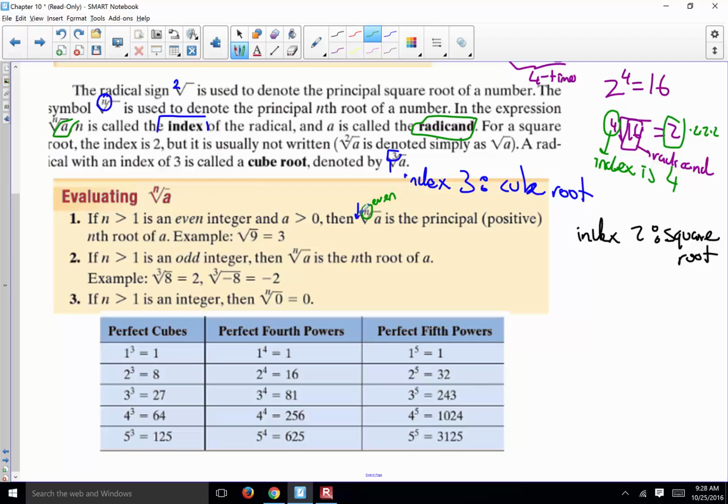If they don't tell anything, it's positive. But if n is an odd number, the sign of the result goes with the sign of the inside. For example, I know the cube root of 8 is 2, because when I multiply 2 three times by itself, it makes 8. How do I know it's minus 2? Where did I get the minus? I didn't have any minus here. Now that minus comes from inside.